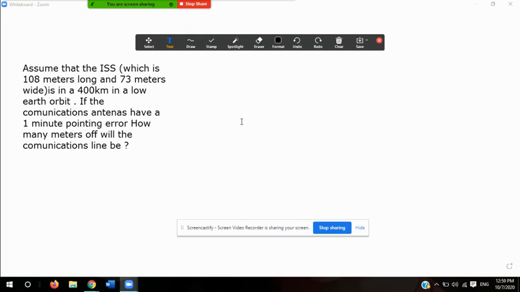In this case, the way that we do that is by drawing a triangle. We're talking about an antenna, so let me draw a satellite-like figure. Let's say that the satellite is pointing here, and the International Space Station is 400 kilometers away.